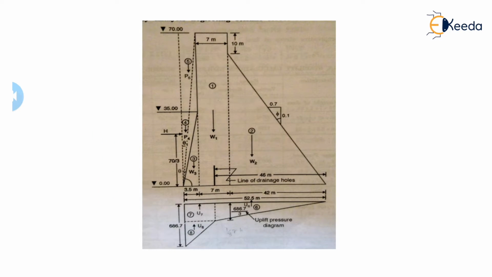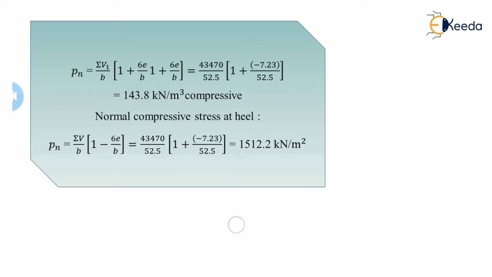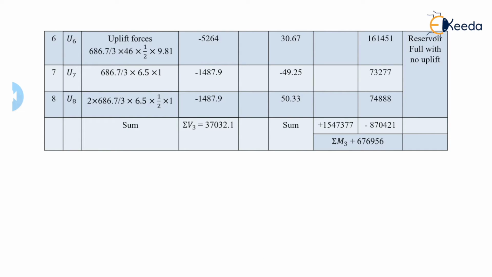In a similar manner we have to find out the lever arm also, which is considered from the toe section only. So for U6, U7 and U8, we are simply finding out the lever arm, and after finding it, we will get the moment resolved at the toe section. Once again, uplift force is acting in the vertical direction, but in the upward direction.